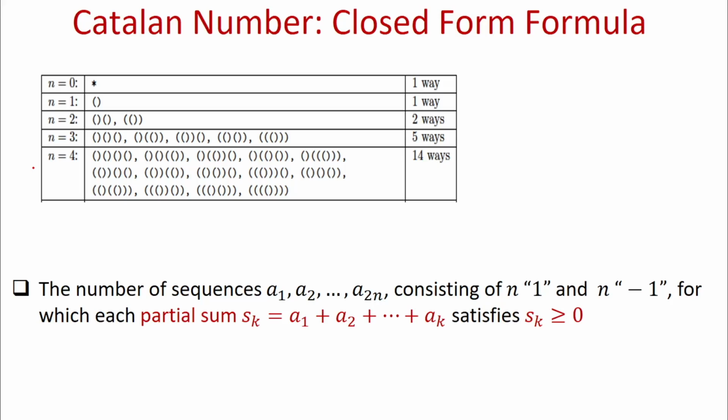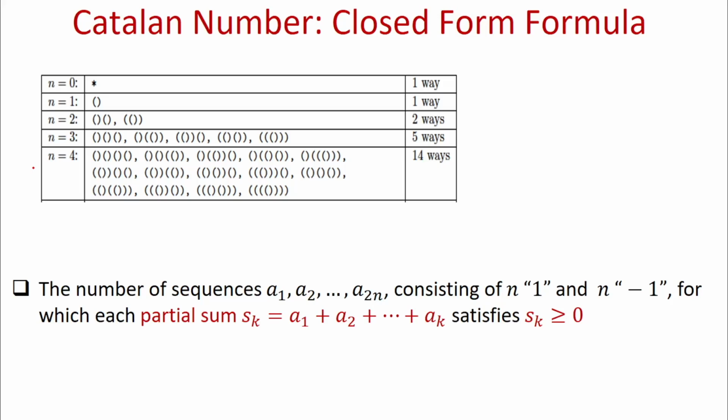Now these n ones and n minus ones can occur in any order, but I am interested in only those sequences of n ones and n minus ones where, if I pass from left hand side to right hand side, then at every point the partial sum, namely if I am at the kth position in that sequence, then the partial sum will be the summation of the k characters which I have encountered till the kth position from the left hand side.